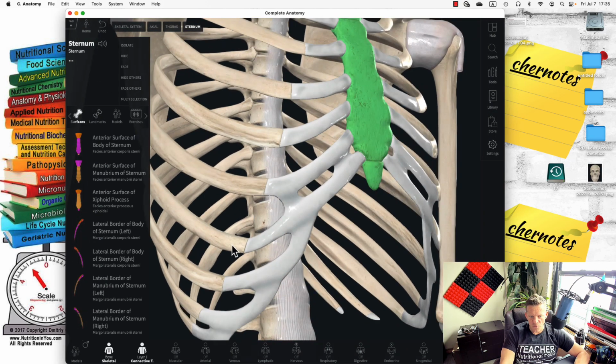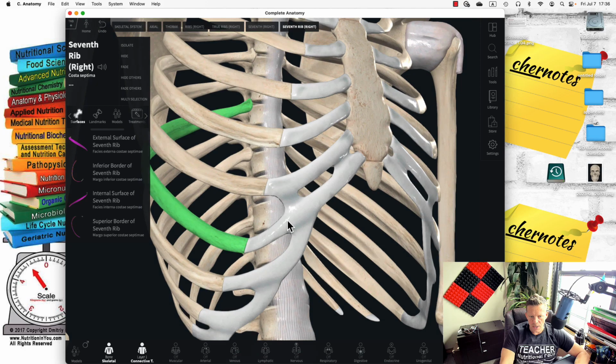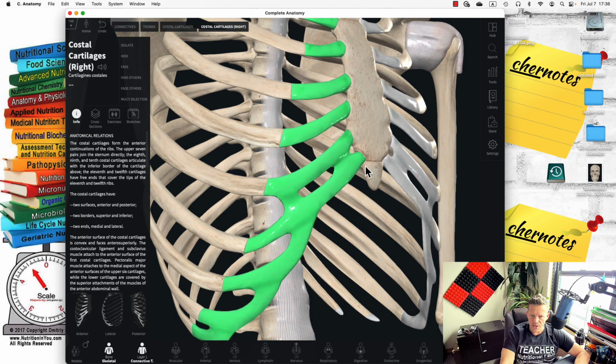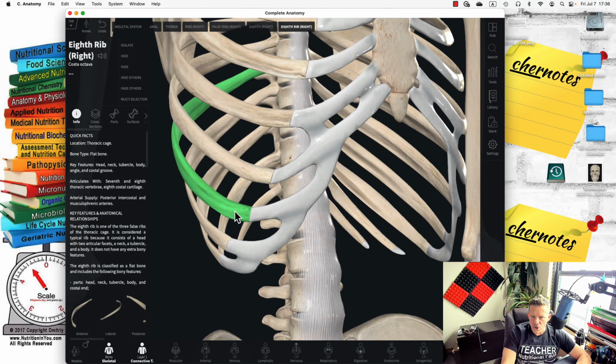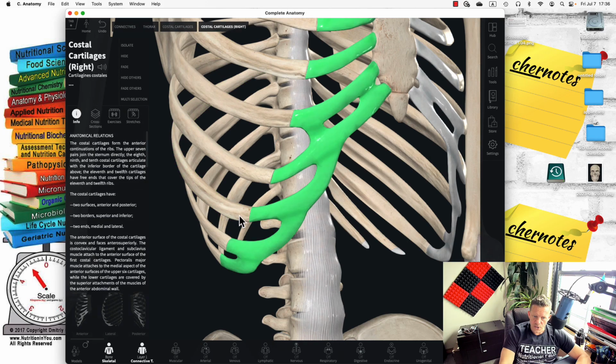You see the 7th rib connected to the cartilage, and then this cartilage connected to the sternum. Rib number 8 is also connected to the sternum, but through the cartilage. It connects like that, through the cartilage.